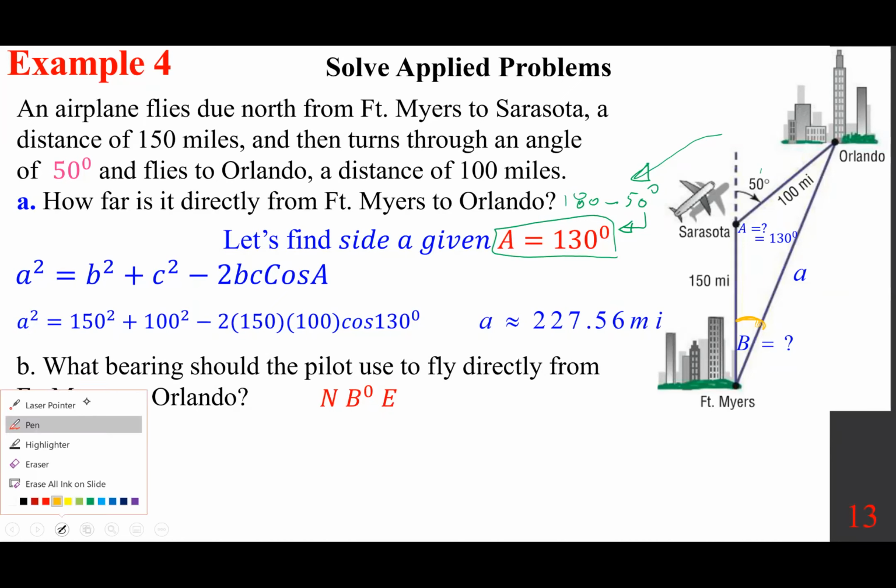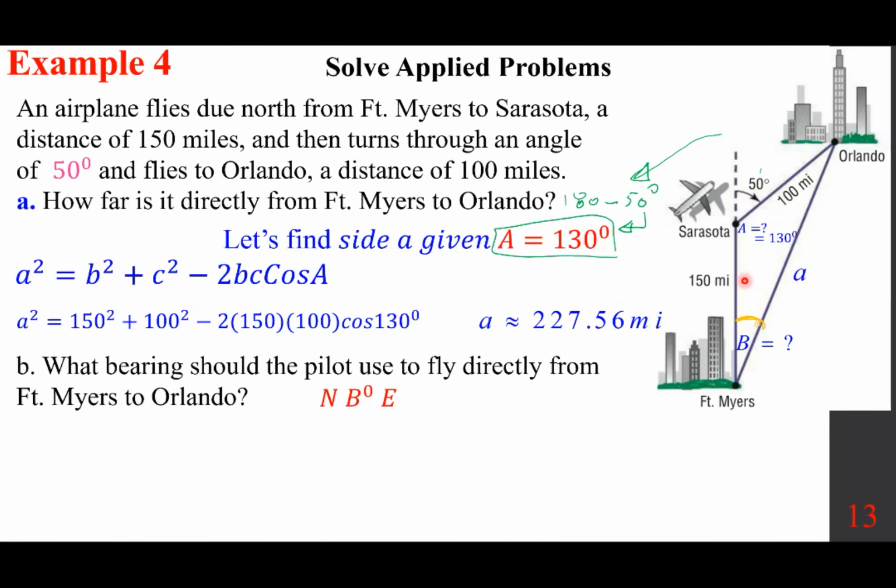Since we are interested in finding angle B, we are going to use B squared, the opposite side, okay? So B squared, which is 100 squared, equals the other two sides squared, 150 squared, plus this side we just found to be 227.56 squared, okay?